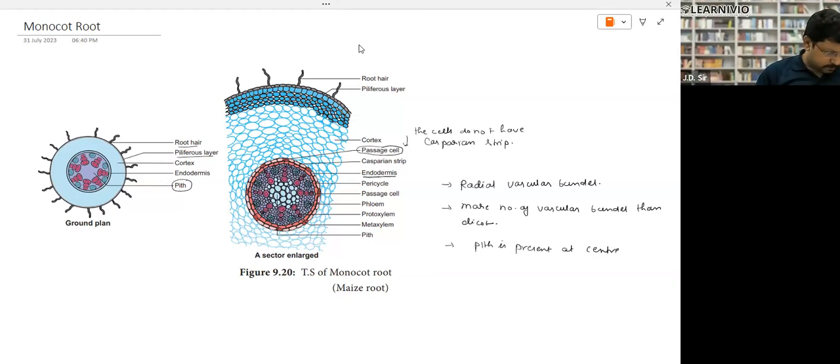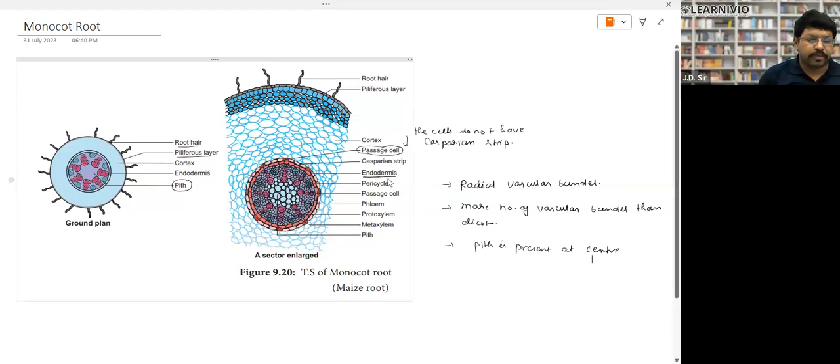And what else is there? Right. So go through it and ask me if you have any doubt. This is the only difference between them.